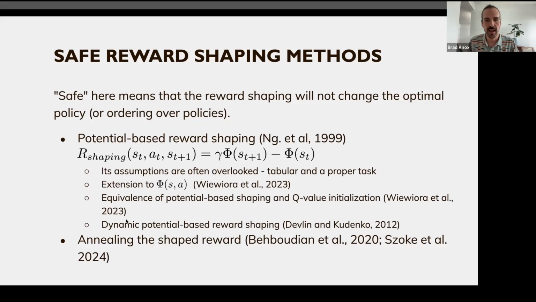And I also want to highlight that Wiewiora et al., I think it's 2003, showed that a version of potential-based shaping is equivalent in the tabular setting to just initializing the Q function to the potential function. And my suspicion is that this is part of what informs the statement in Sutton and Barto that initialization is a better place to impart knowledge.